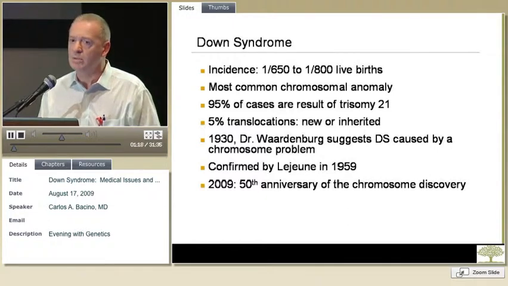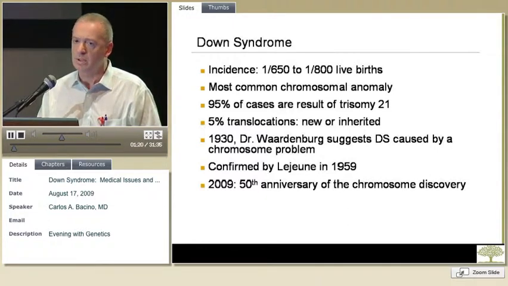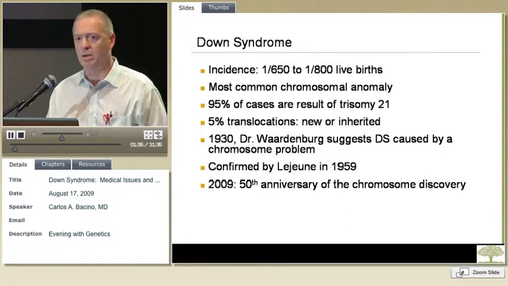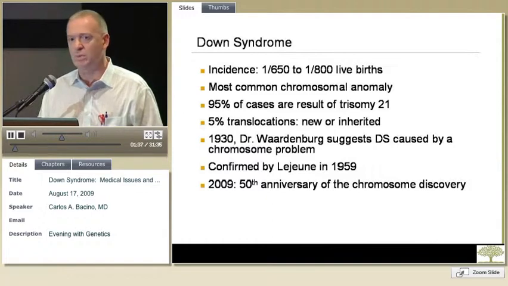A small percentage of Down syndrome individuals have what is known as a translocation form, and although this is relatively infrequent, that's why all children born with Down syndrome have a chromosomal study, so we can look and see whether there is trisomy 21 versus a translocation form.